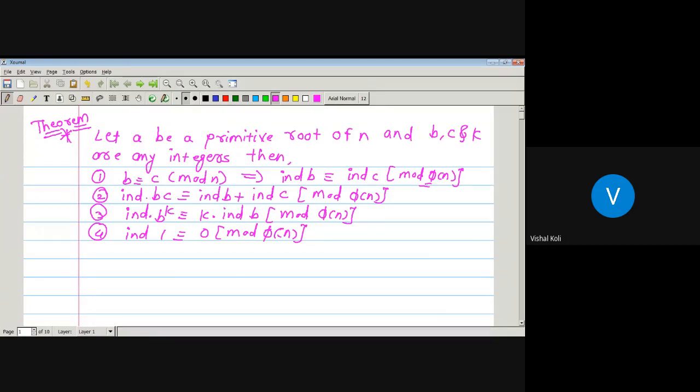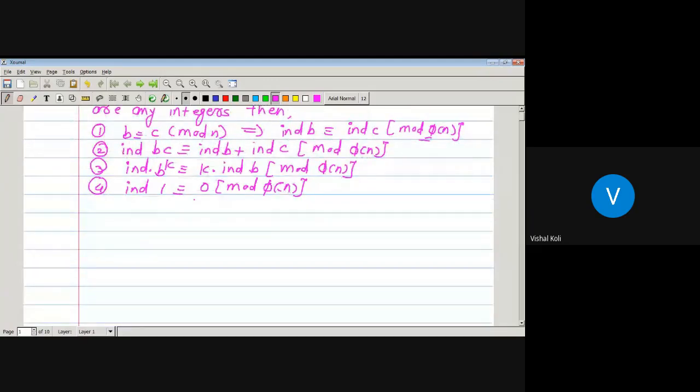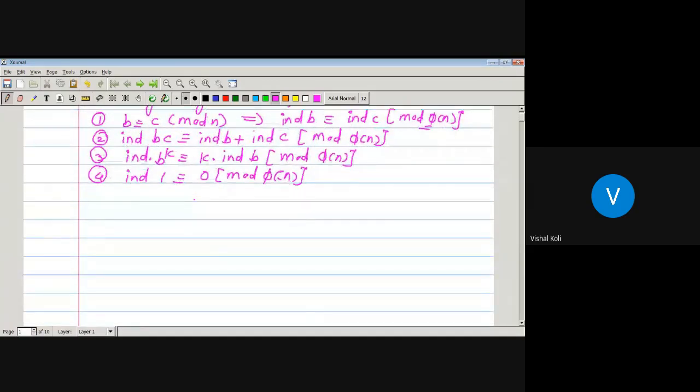Similarly, index of b into c is nothing but index of b plus index of c modulo phi of n, and index of b raised to k is congruent to k into index of b modulo phi of n. And finally, in the fourth one, we have to prove that index of integer 1 is congruent to 0 modulo phi of n. So let us see its proof.